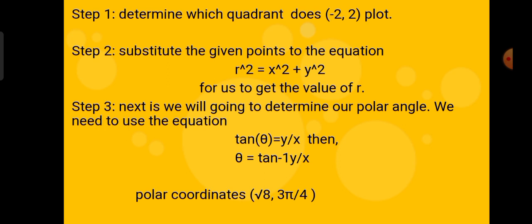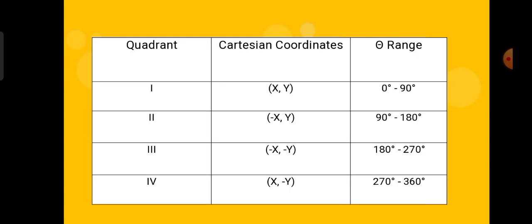We need to use the equation tan theta is equal to y over x, then theta is equal to tan inverse of y over x. So the polar coordinates of the given point is square root of 8 and 3 pi over 4.